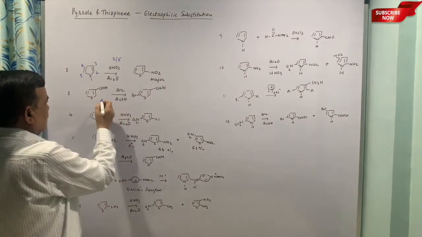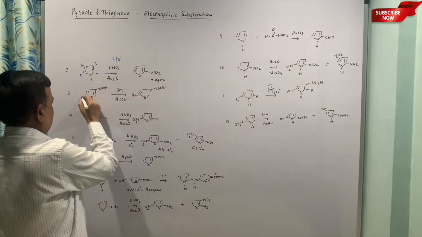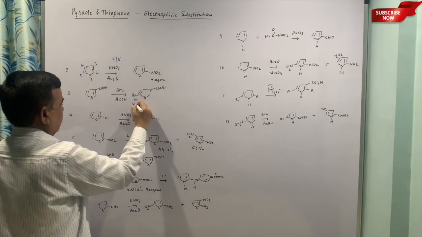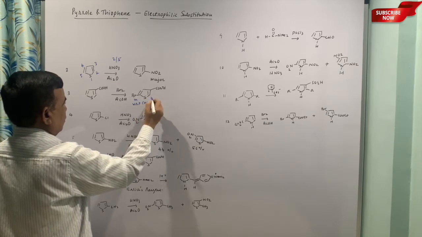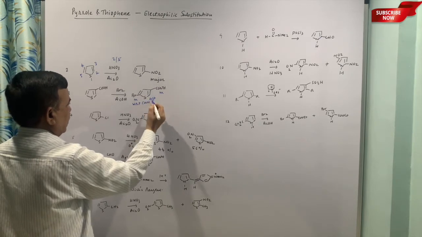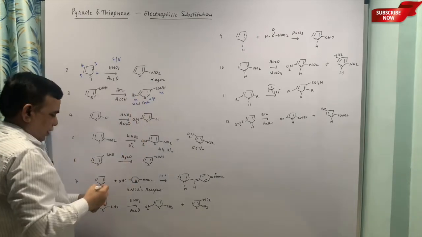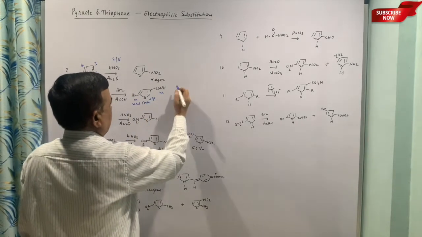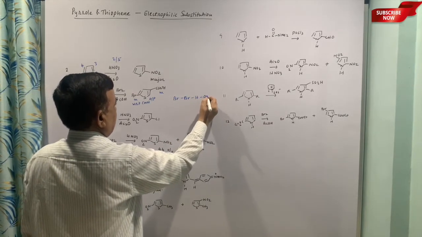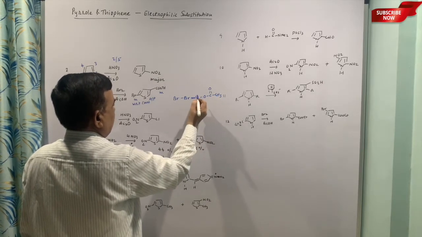The substrate is different. Now here in this case, we get this substitution. So this is meta with respect to COOH. Now COOH is meta orienting, the sulfur is ortho-para orienting. So the cumulative effect is that the Br is coming here. The reaction mechanism is like this: we have acetic acid, and this kind of hydrogen bonding would be there.